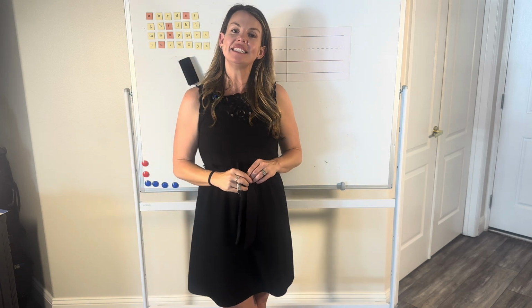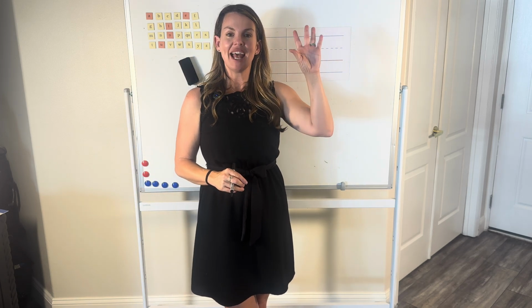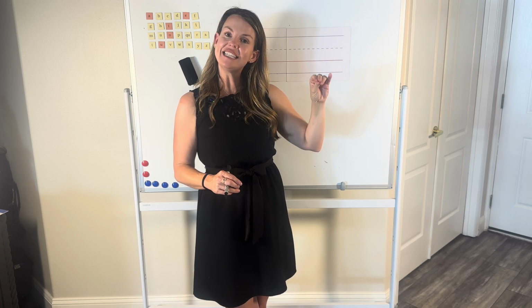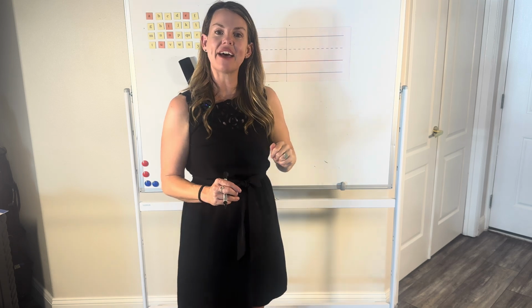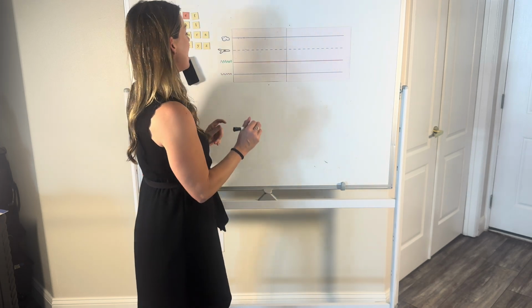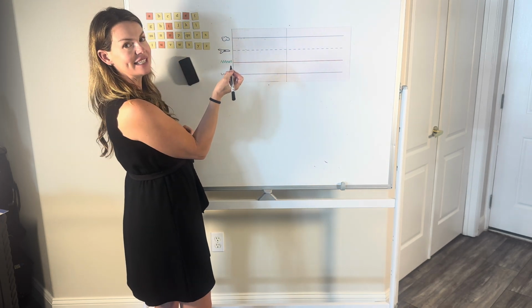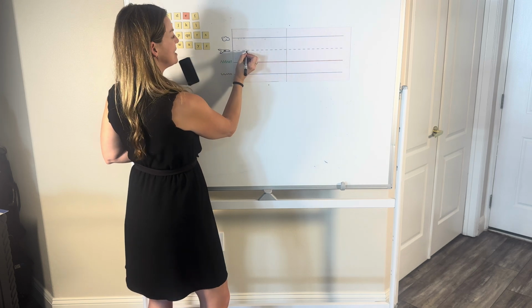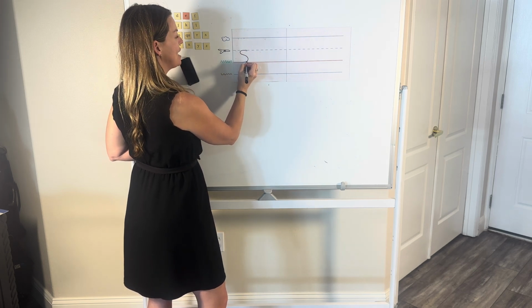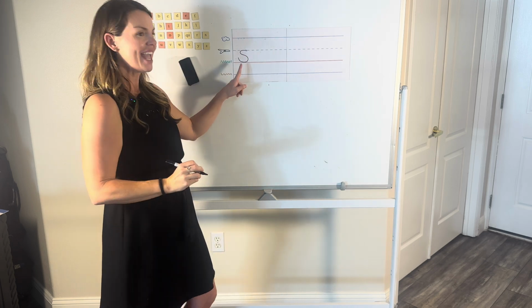Erase that word so that we can write one more together. Ready? Sad. S-A-D. Sad. What is the beginning sound that you hear in the word sad? S. What letter spells S? S starts on the plain line. It curves and curves.